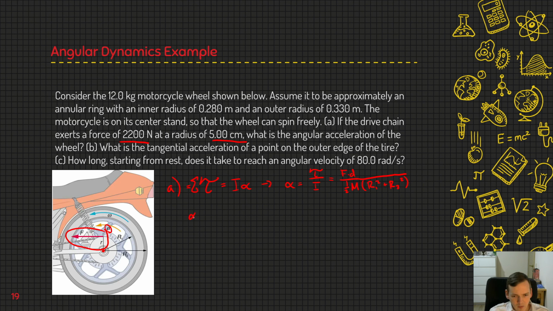So that means alpha is equal to the force, which is 2,200 newtons, times the distance of 0.05 meters, because we always need to be working in our SI units, divided by 1/2, and the mass we said was 12 kilograms, times the inner radius squared, which is 0.28 meters squared, plus 0.330 meters squared.